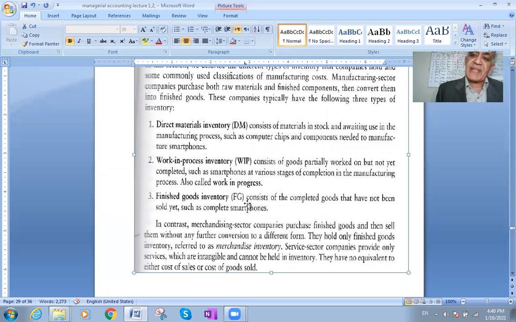So if I ask you, what are the types of inventory? What do you know about the types of inventory? Then you will tell me raw materials inventory, in process or in manufacturing inventory, and finished goods inventory. Because we start with the raw materials, then we go to process, then at the end we have the ending of the inventory.